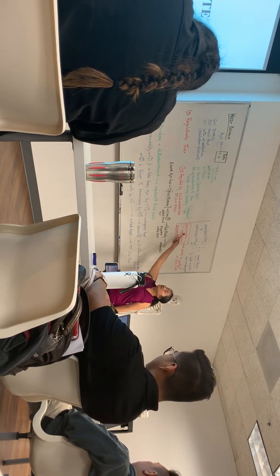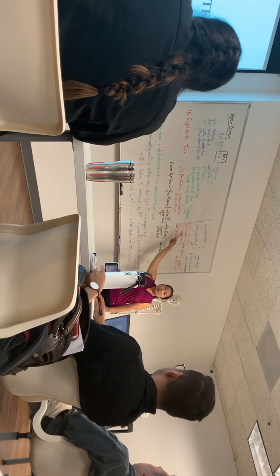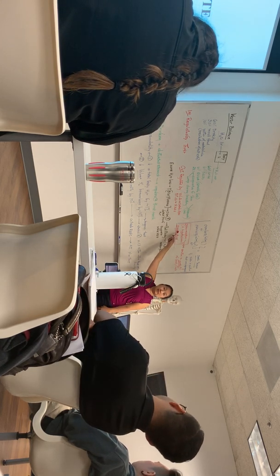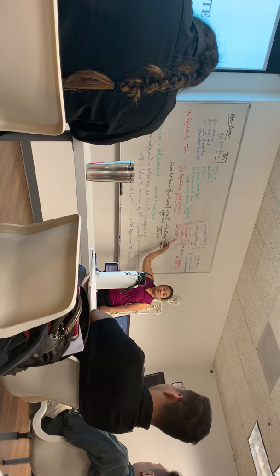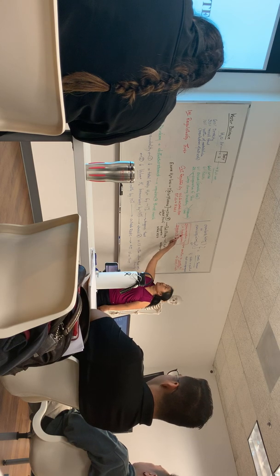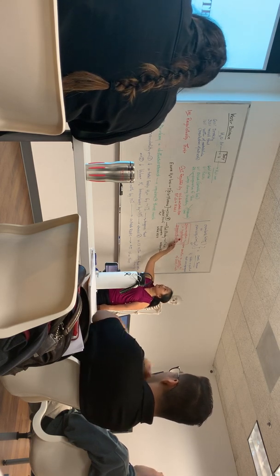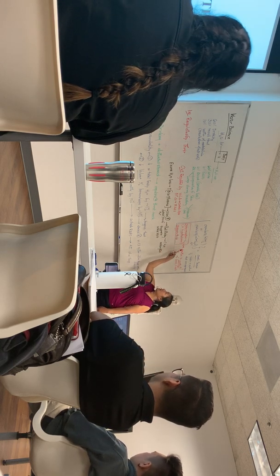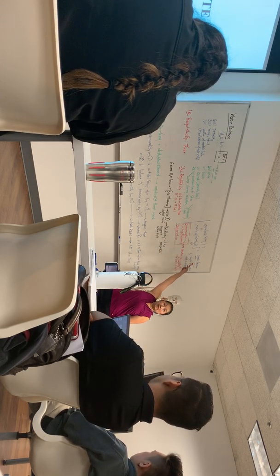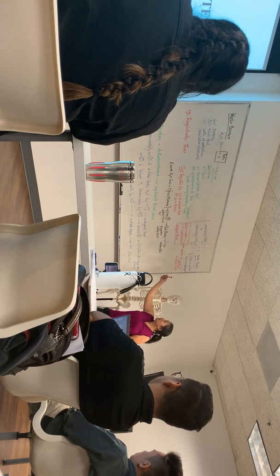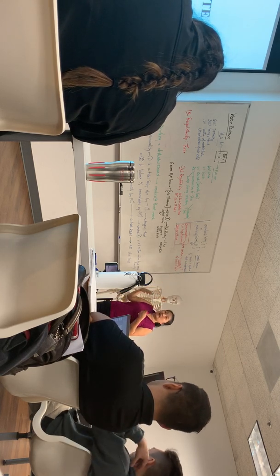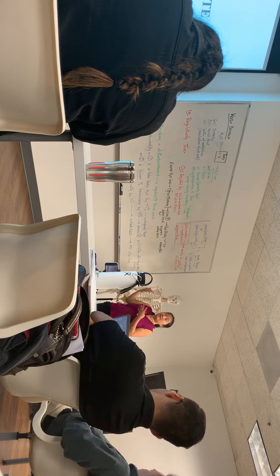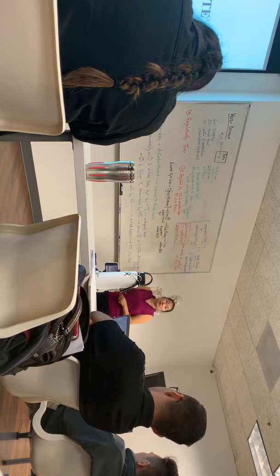So osmoreceptors, which are located in the hypothalamus, can trigger thirst. You need to know that those osmoreceptors are sensitive to osmotic pressure, this thing that we were just talking about. So they can detect the osmotic pressure in your body's fluids, and then they can trigger thirst to occur.